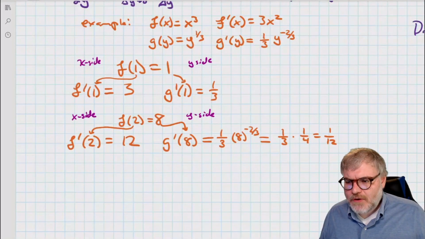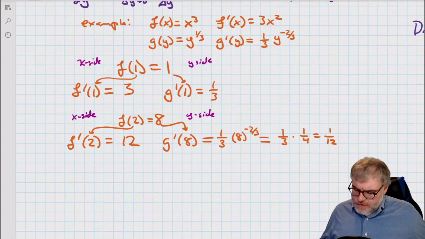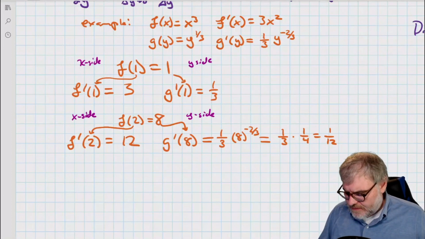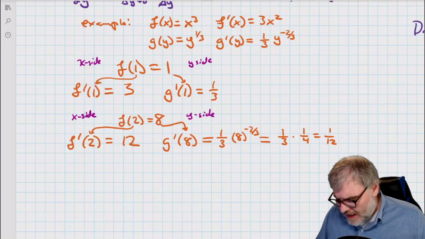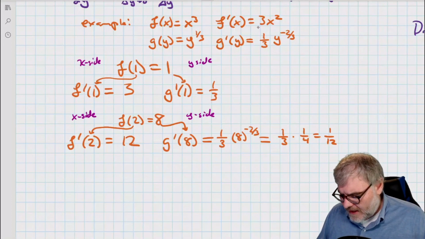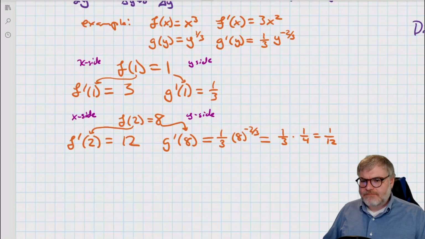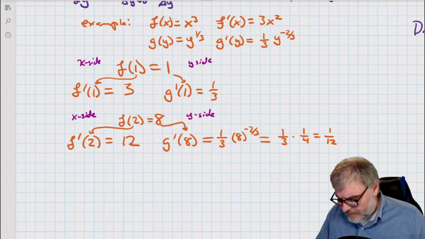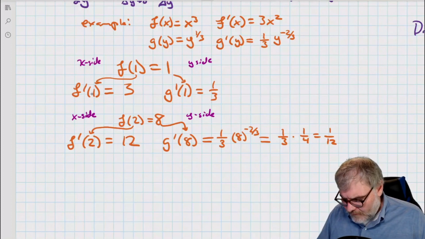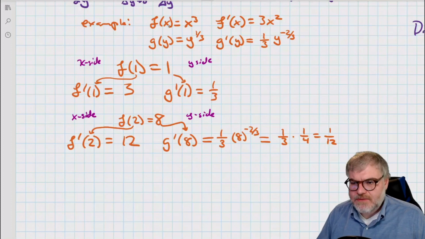Let's look at our example x cubed again. So for x cubed, this will be the x side, this will be the y side. Here I've got f of x equals x cubed, f prime of x equals 3x squared. g of y will equal y to the 1/3. g prime of y by the power rule is going to equal that. So let's look at 1. Well, on x, f prime of 1 would equal 3 when I sub it into this equation.